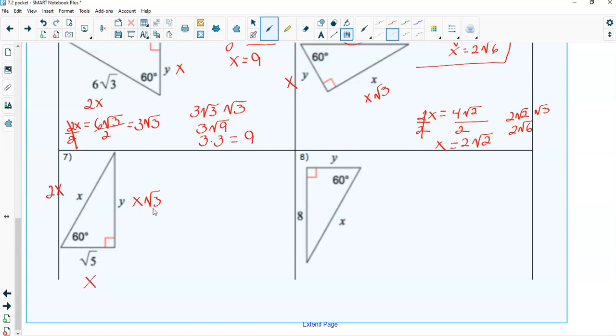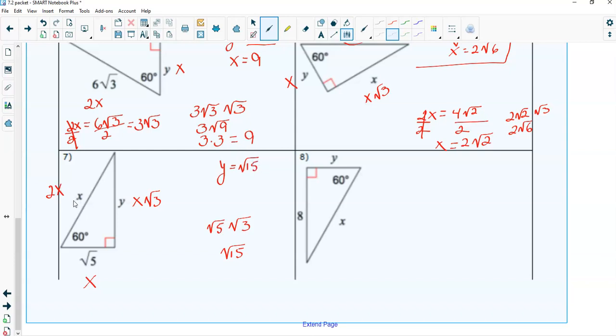So if I want to go here, I'm just taking this number, which is x, the short leg, and multiply it times the square root of 3. If I take those two numbers and multiply them, that's the square root of 15. That cannot be simplified any further because 3 times 5 are the 2 prime numbers, and there are no perfect squares. So in this case, y is that number.